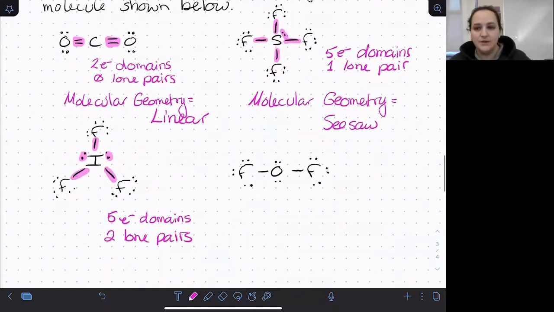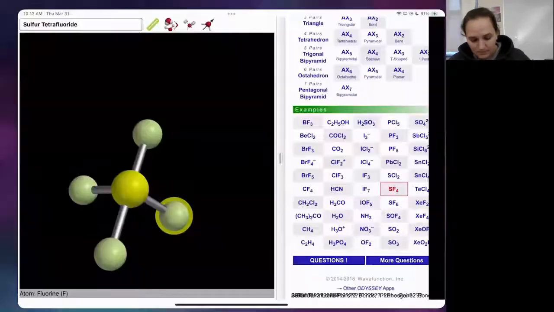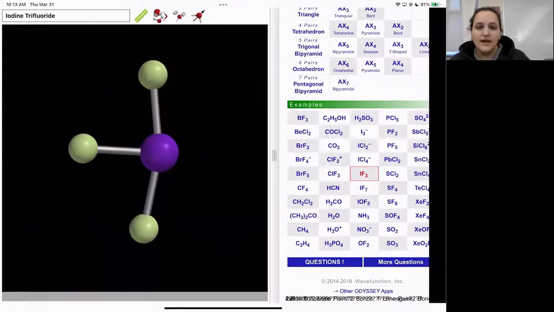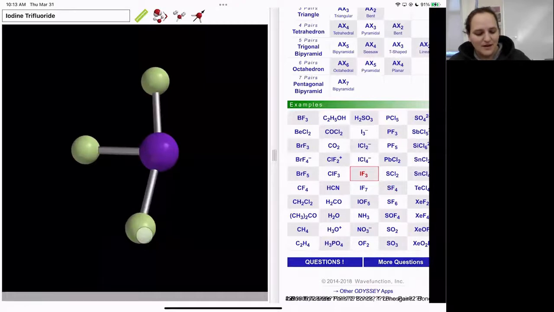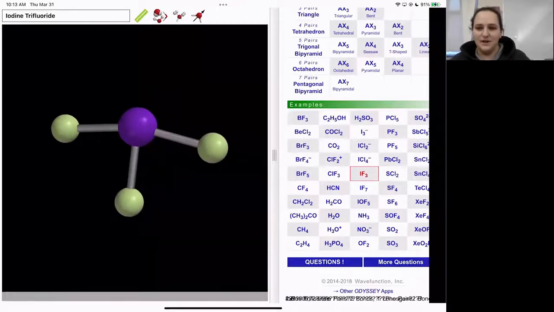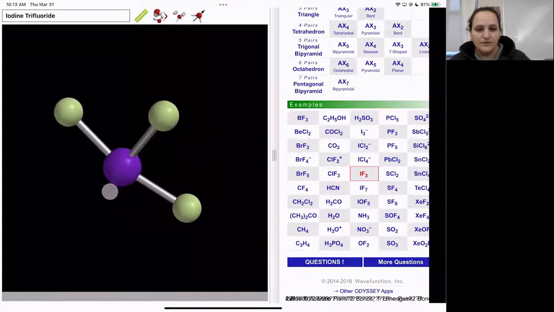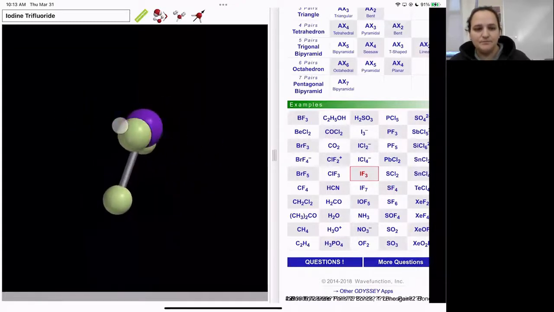So in this particular instance, I chose to draw my Lewis structure with my peripheral atoms kind of evenly distributed around my Lewis structure, but we find in the actual structure that that is not the case, that it pretty much makes a T-shape, hence the name. It looks an awful lot like the letter T, that I do not have an equal distribution of my fluorine atoms around the iodine.